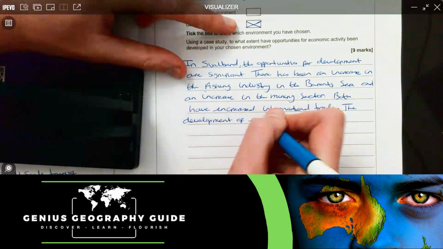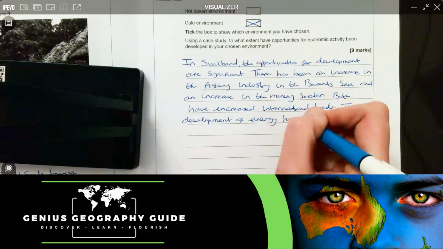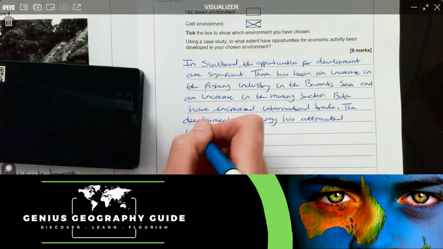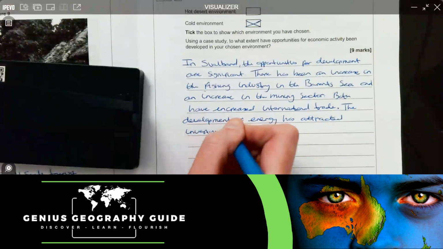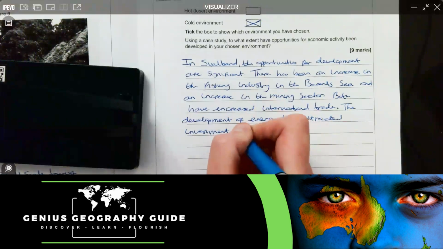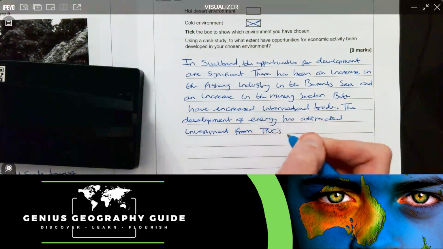The development of energy has attracted investment from TNCs. Full stop.